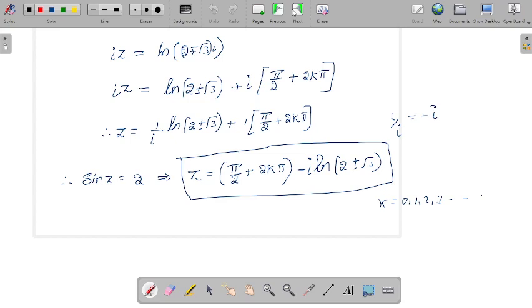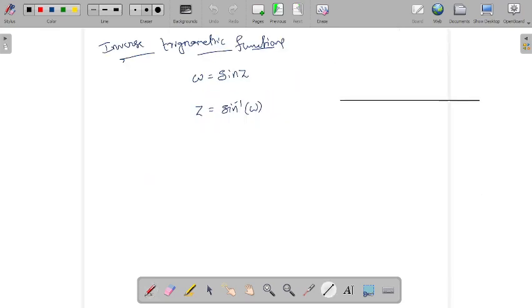So all that you need to do is have a restriction on the real part. Let's say this is the complex plane. In general we know where sine inverse x is defined. When you see that as a real valued function, it's defined between minus pi by 2 to pi by 2.